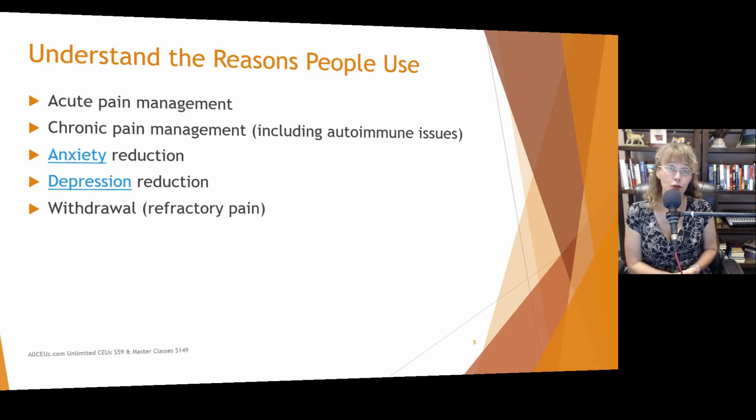And this can be if they're prescribed a long course of opioids and they take it as prescribed, but if they're on it for a long period of time, the body still adapts. Obviously, if they're abusing opioids, you're going to see the same refractory pain.